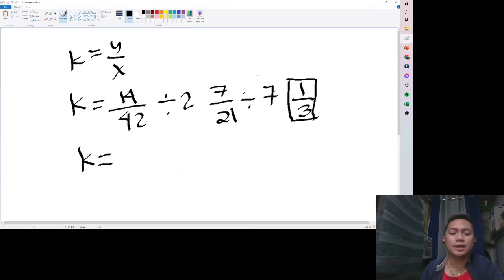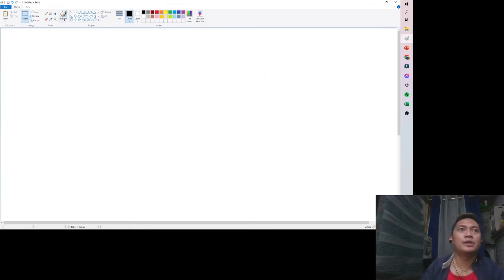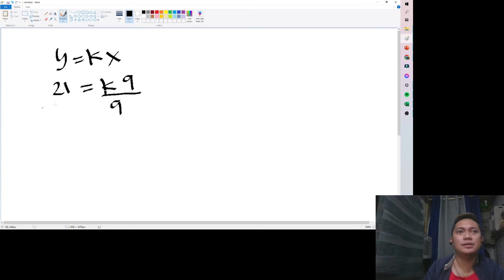Okay, so we have 21 and 9. So simplify muna natin. Y is equal to k, x. Our y is 21 equals to k, then our x is equal to 9. Divide both side by 9. Cancel natin si 9, matitira na lang is si k. Then 21 divided by 9.